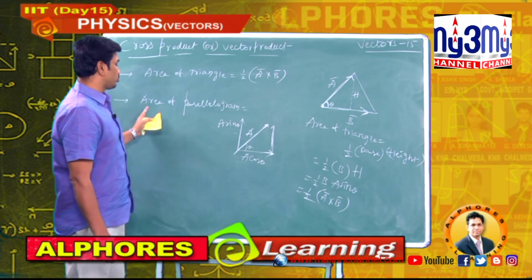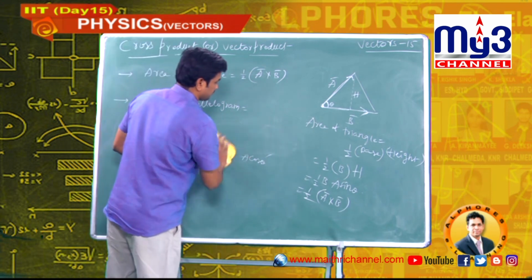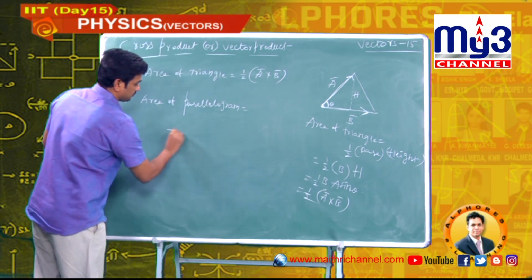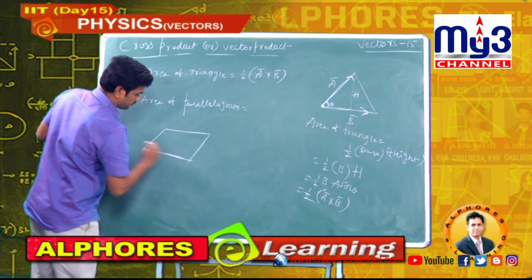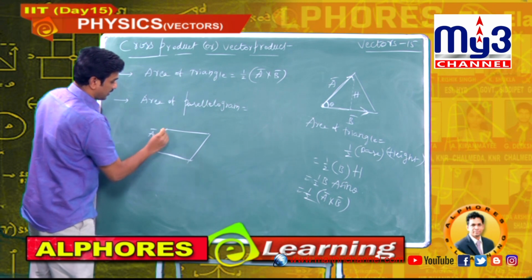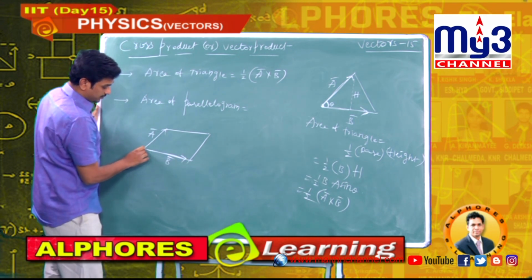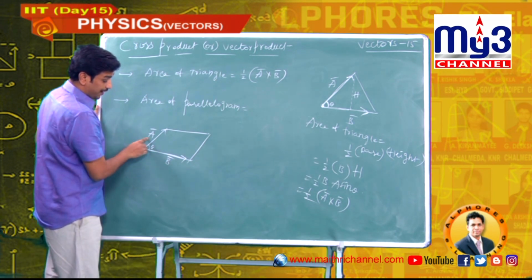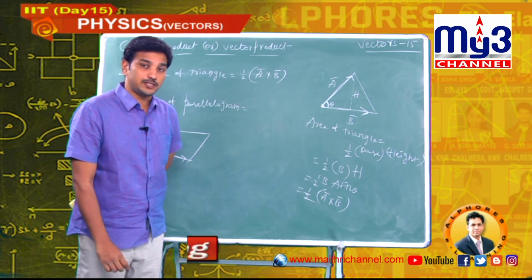Similarly, I will try to prove the area of a parallelogram. Area of parallelogram. See, this is A bar, this is B bar. Now two vectors with angle theta between them are two adjacent sides of a parallelogram. What is the area of a parallelogram in geometry?